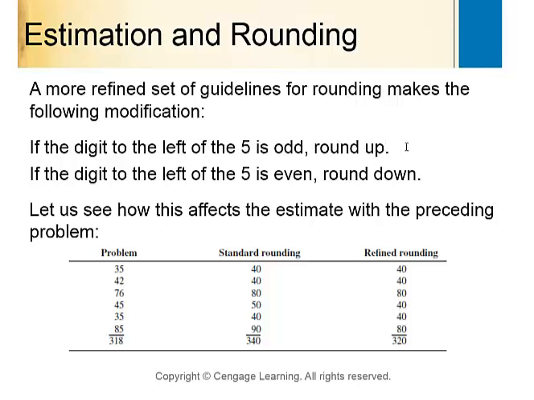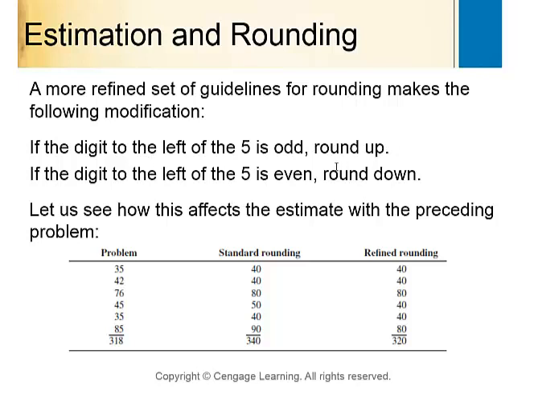I don't know that I would introduce students to it, but it's important that you might talk about it after they got pretty good at rounding, or if you were in the 5th or 6th grade, you might say, well, here's another method to round, and it's actually more accurate. So in this method, if the digit to the left of the 5 is odd, you round up, and if it's even, you round down.